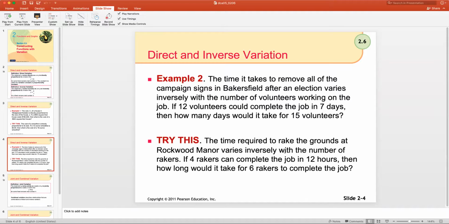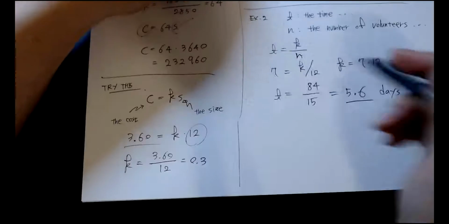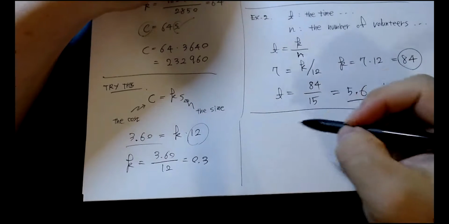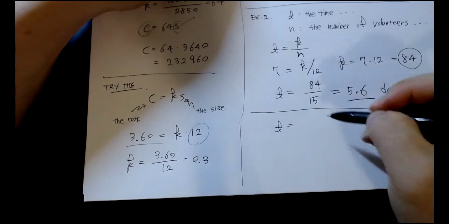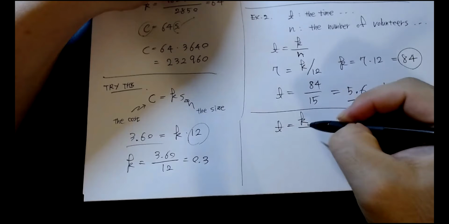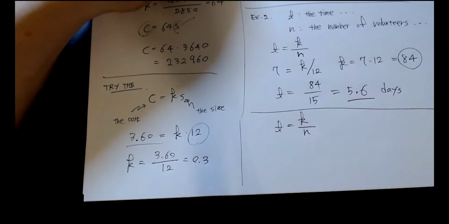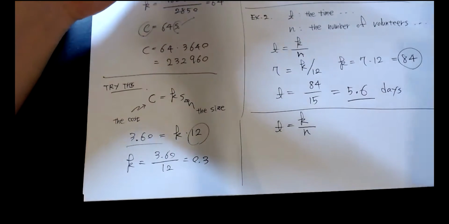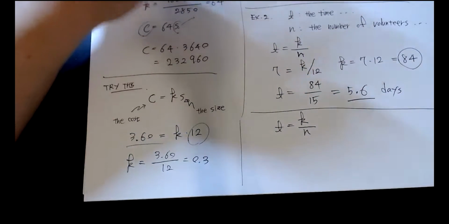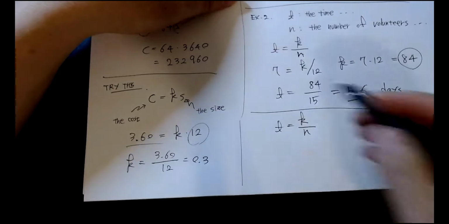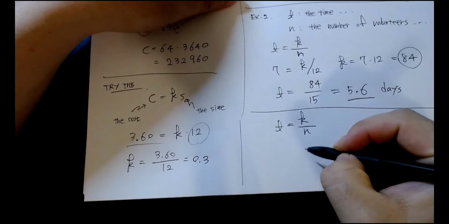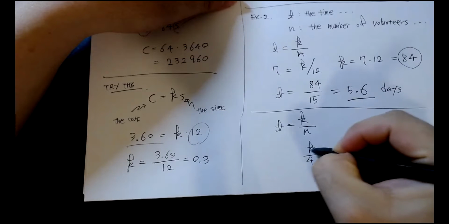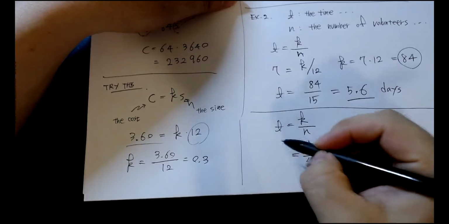All right, so similarly to example 2, we say t is equal to k over n. Here t is the time required to rake the ground at the manor, and n is the number of rakers. Then 4 rakers can complete the job in 12 hours.